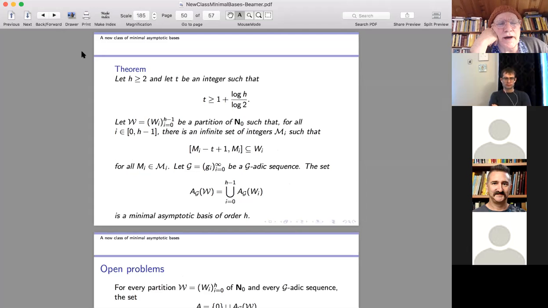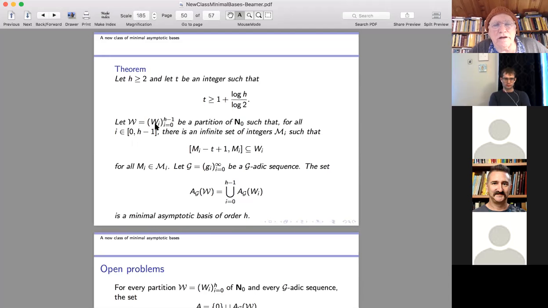So fix an integer h, at least 2. We're going to be looking at h-fold sums. Let t be an integer at least log h over log 2, plus 1. Partition the non-negative integers into h pairwise disjoint sets. Suppose that when you partition the non-negative integers into these sets, every one of these sets contains an interval of t consecutive integers.